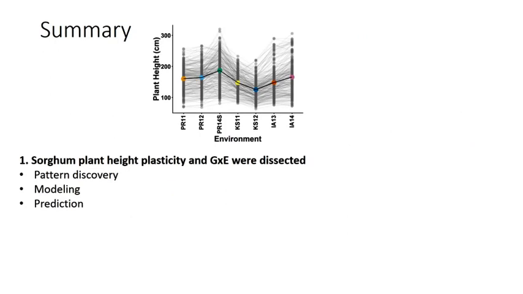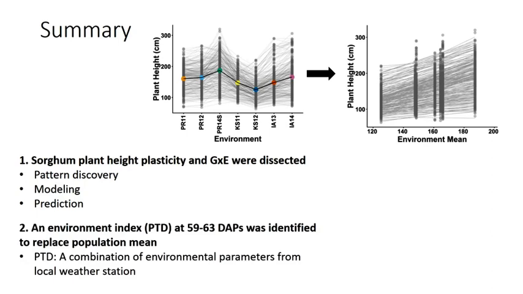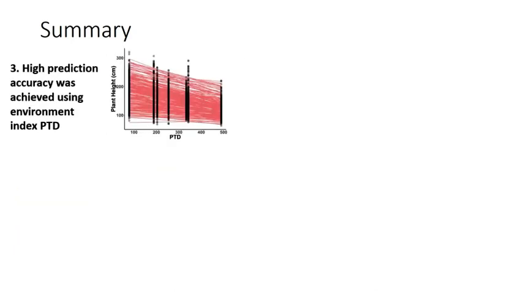Okay, so in summary, we have dissected sorghum plant height, plasticity, and G by E by pattern discovery and modeling and prediction. And an environmental index PTD at 59 to 63 days after planting was identified to replace population mean.